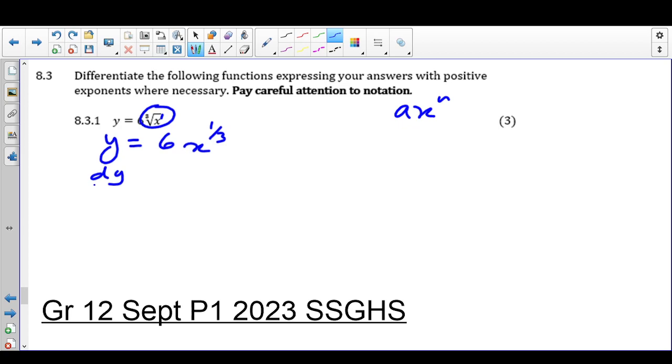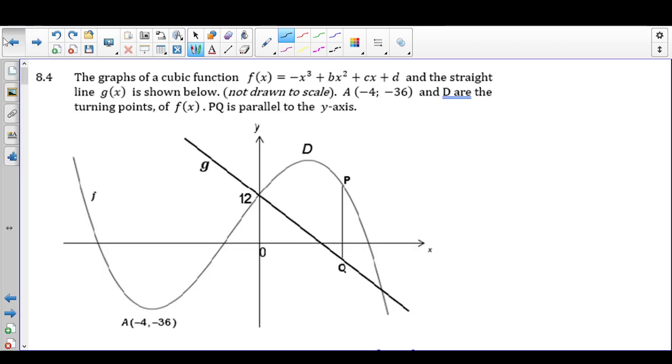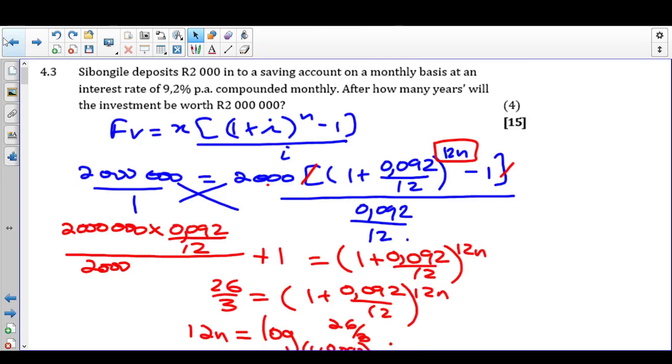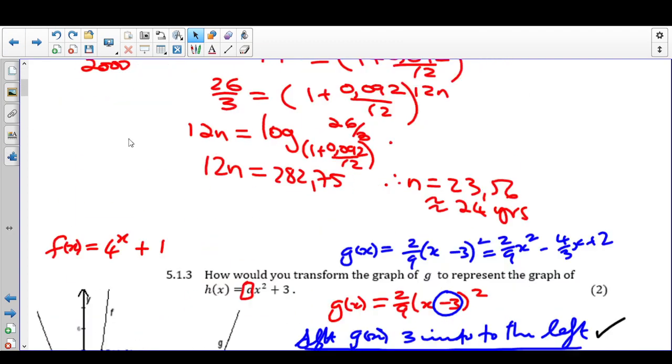Now we can say dy over dx, the derivative of y with respect to x, is now going to give us 6 times a third, which is 2, x to the 1 over 3 minus 1 is minus 2/3. As you can see here, that exponent is only on the x. So only the x will go to the denominator.